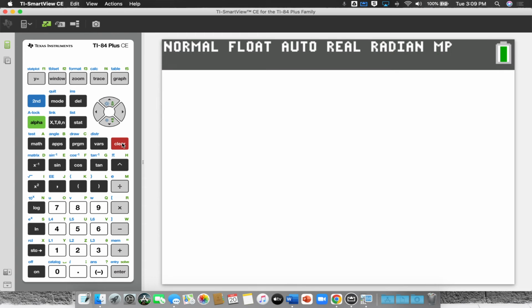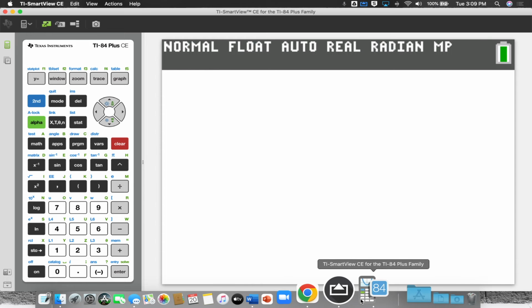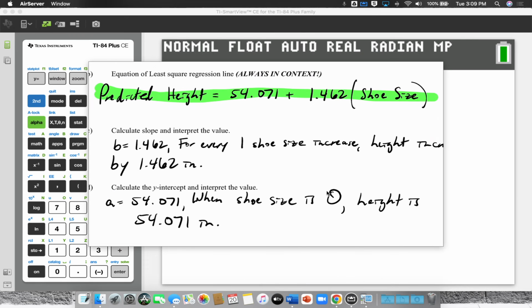So my equation was 54.07 plus 1.462 times shoe size.